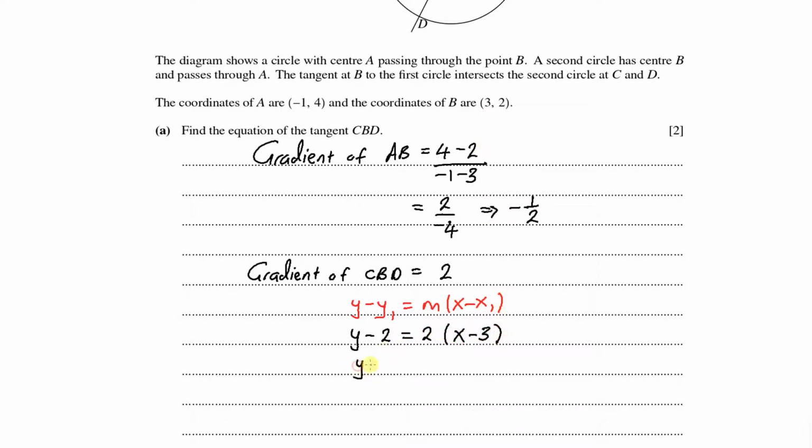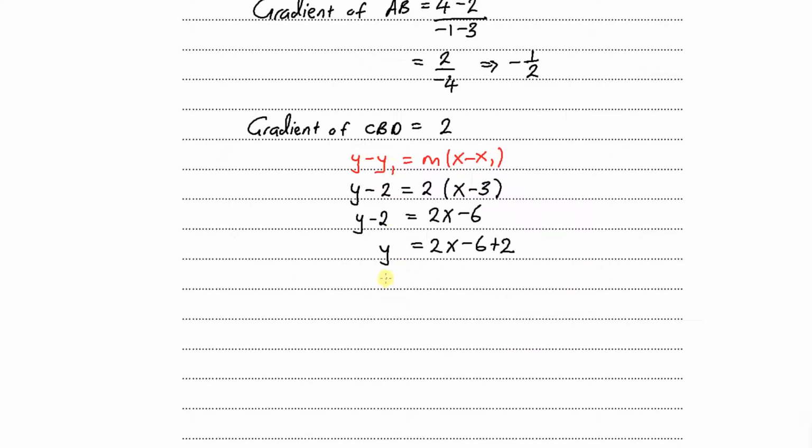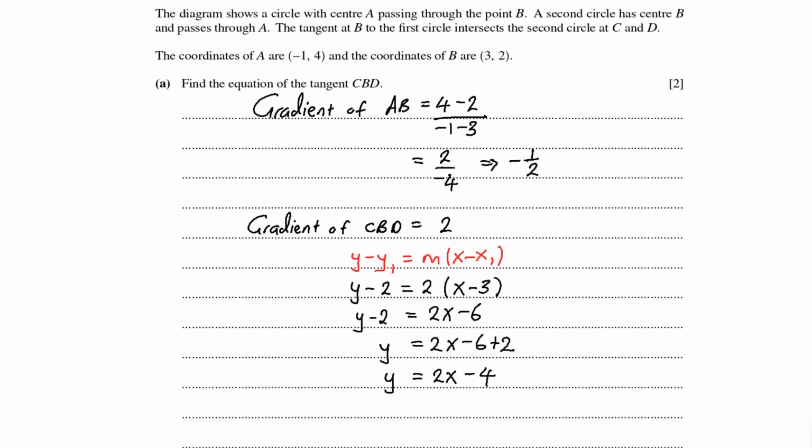So y minus 2 is equal to 2x minus 6, which is y is equal to 2x minus 6, adding 2 to both sides, plus 2. So eventually we have the equation coming out as y is equal to 2x minus 6 plus 2, which is -4. And that's the answer right here to part A. That's the equation of the tangent CBD.